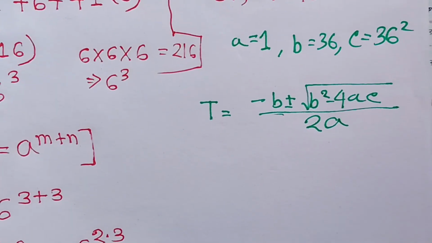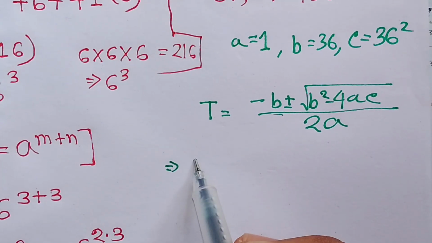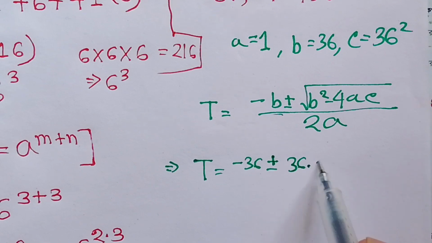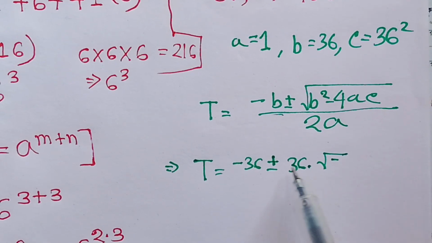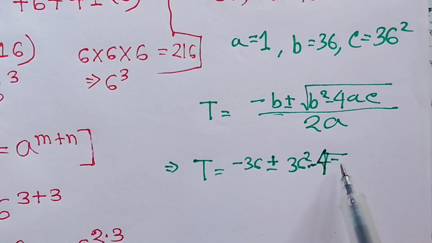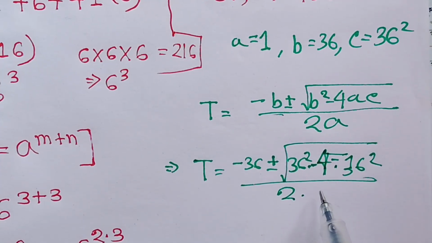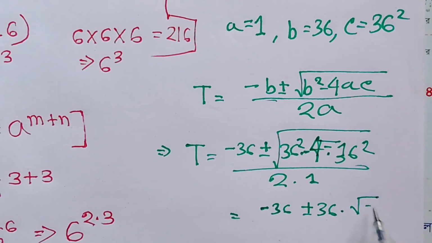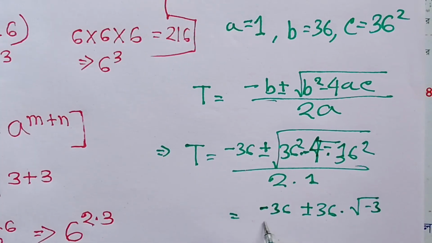So here we have to replace this a, b, c's value in this equation. Then we can write minus 36 plus minus root over 36 square minus 4 times 36 square, divided by 2 times 1. So simplify this equation, it will be easy. Then minus 36 plus minus 36 times root over minus 3 divided by 2.